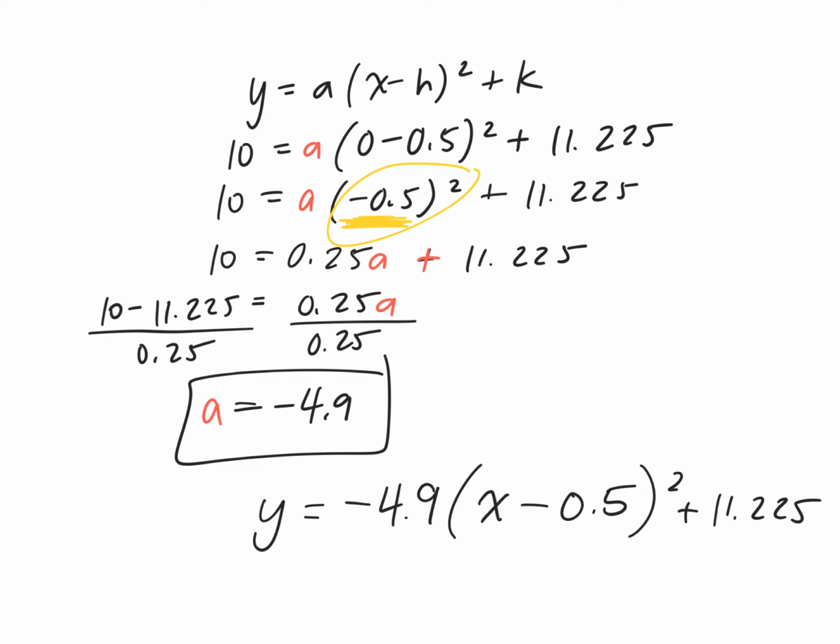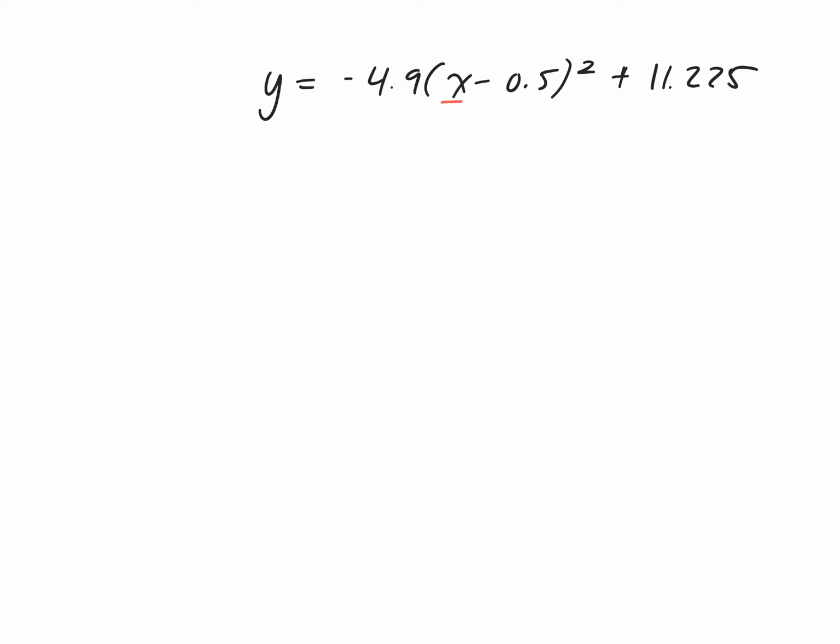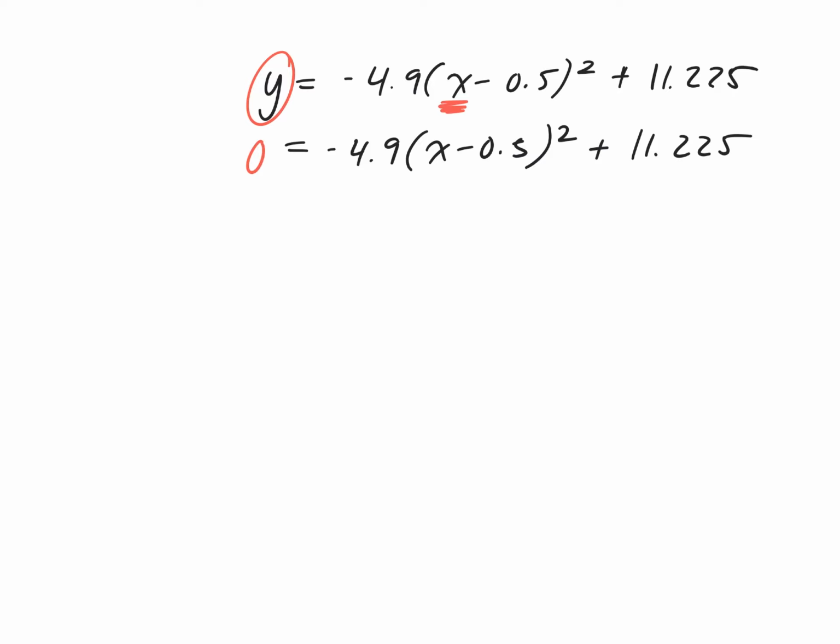Okay, we didn't answer the question though. The question said what? To find the x-intercepts, what does y have to be equal to? 0, right? So rewrite this to make y equal to 0. If y is 0, that x value is the x-intercept, right? So let's rearrange this equation to solve for x.